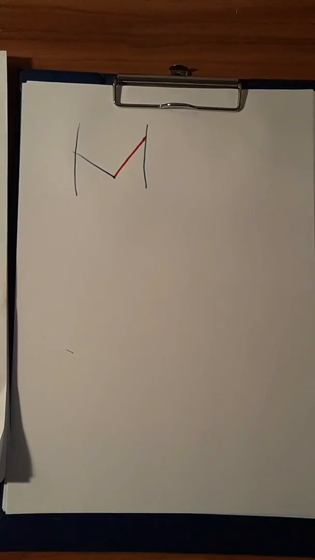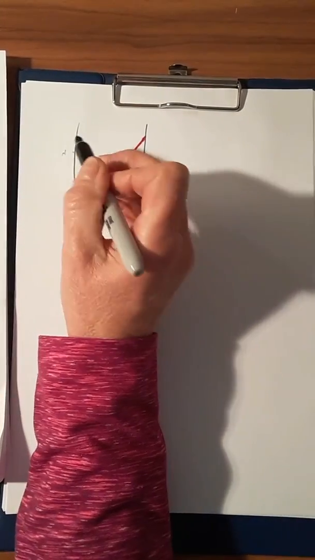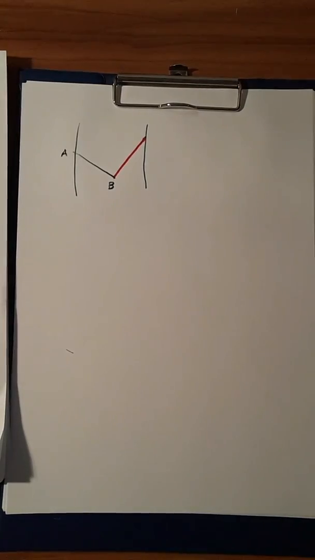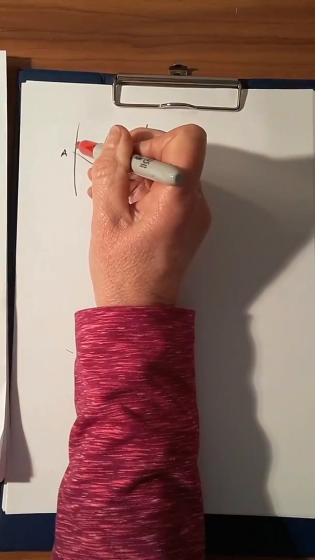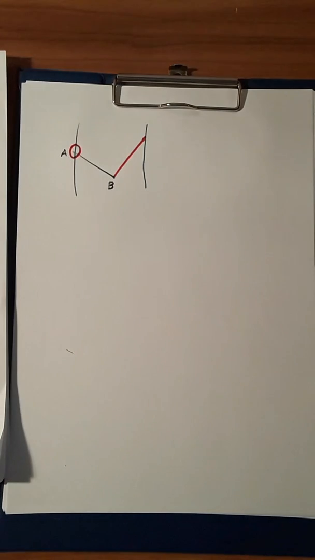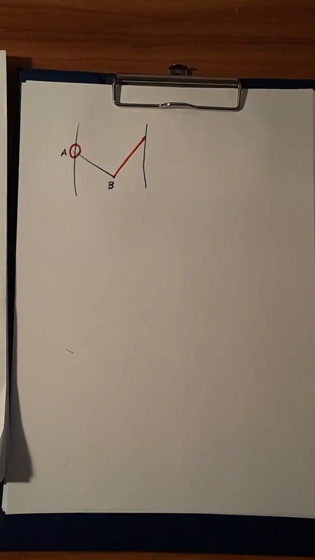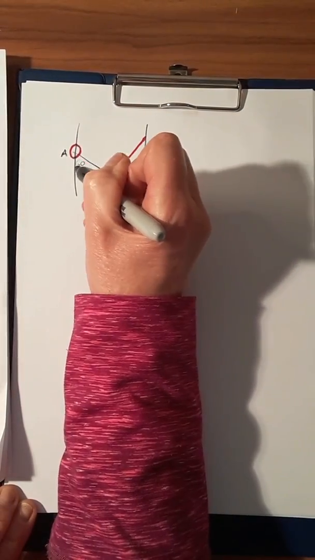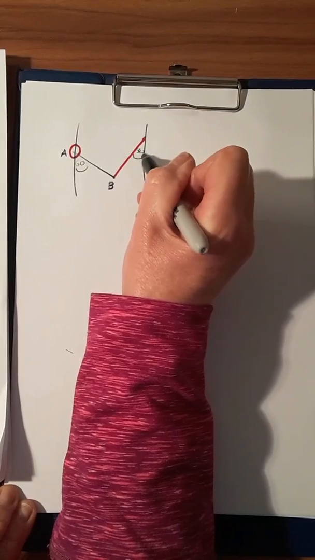Now the question says that this rod AB is freely hinged at position A. So this is very important here, so I'm going to circle that to make sure I pay attention. I always put a circle on where the hinge is so that I remember what I'm going to do as the question proceeds. Right, this is at 60 degrees. This is at 30 degrees.